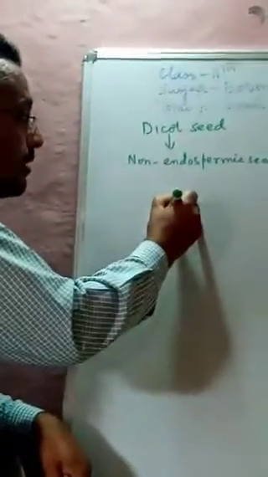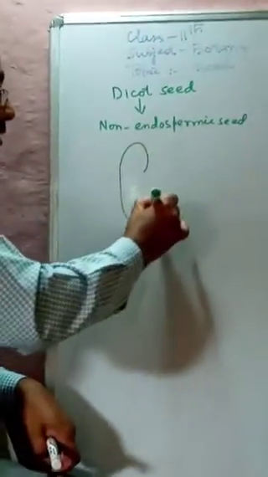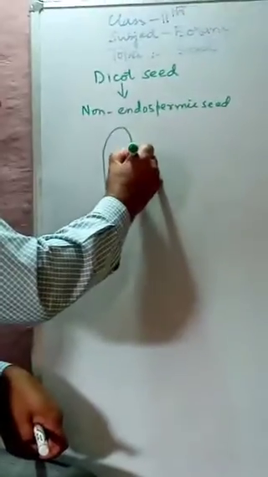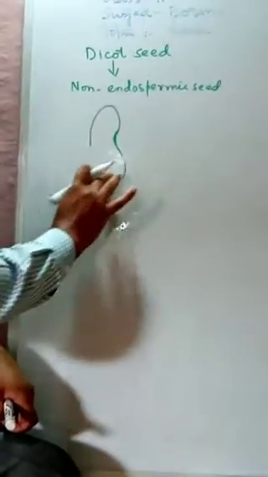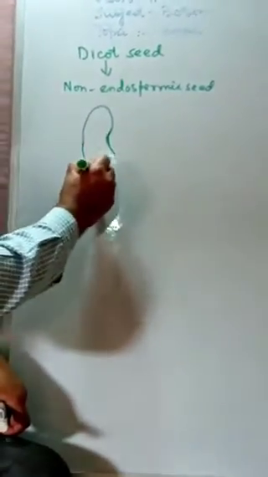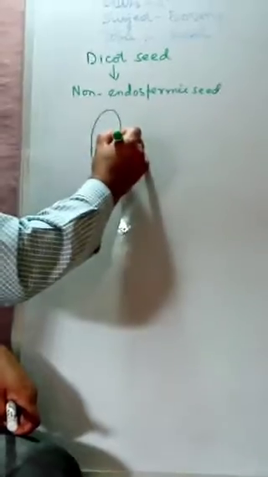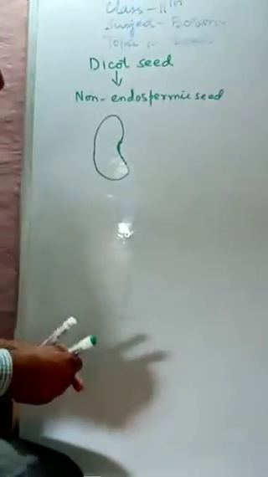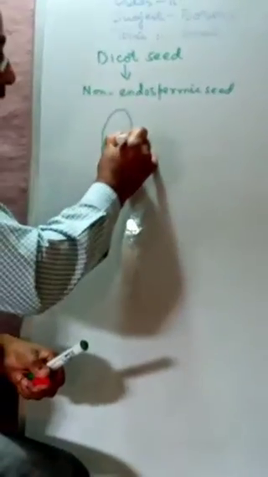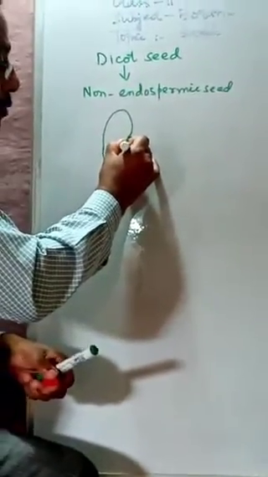If we take the example of this seed, for example in case of this bean or something else, which is the characteristic feature of this, वहां पर जो हमने देखा that there is this concave part. Here we will see three types of scars, two scars, and we will find a pore.